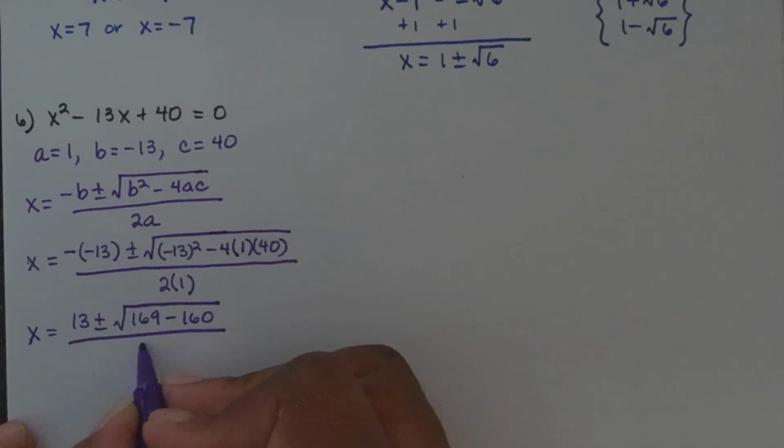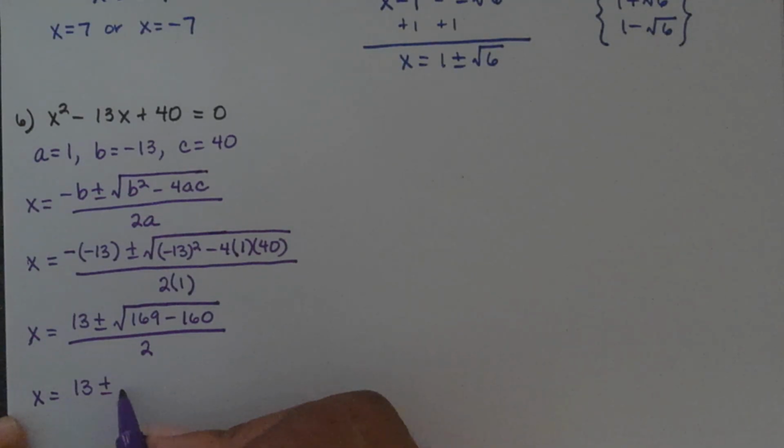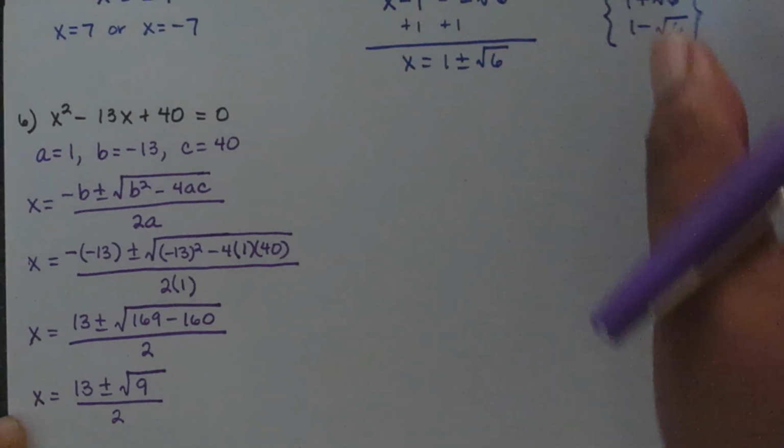All that's divided by 2 times 1. So here x is equal to 13 plus or minus the square root of, what's 169 minus 160? 9. All that's divided by 2. And what will be the square root of 9? 3.